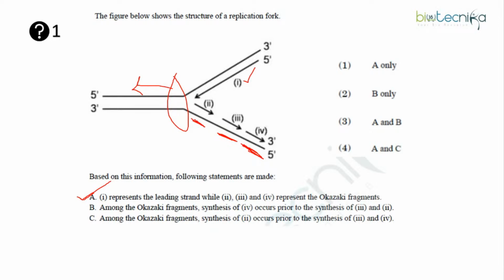Now, if this section of the DNA has been produced first, that means this is your first Okazaki fragment. So therefore, statement number B is also correct. All right? So the correct answer is option 3, A and B.